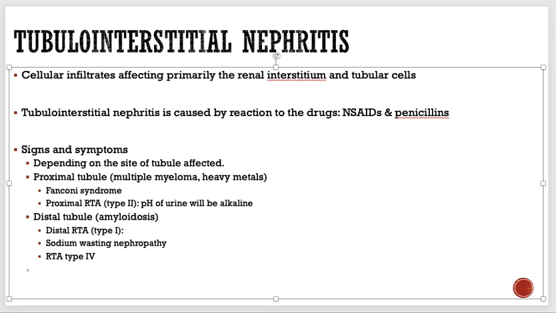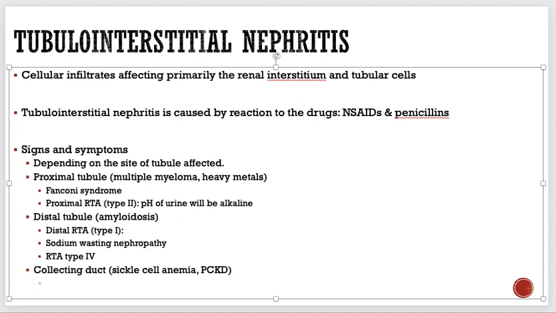And the collecting ducts can be the affected site, for example in sickle cell anemia or polycystic kidney disease, right? We are going to study this also.